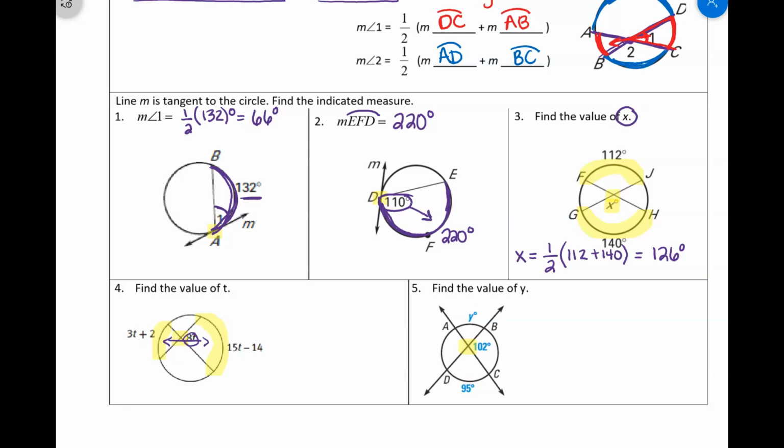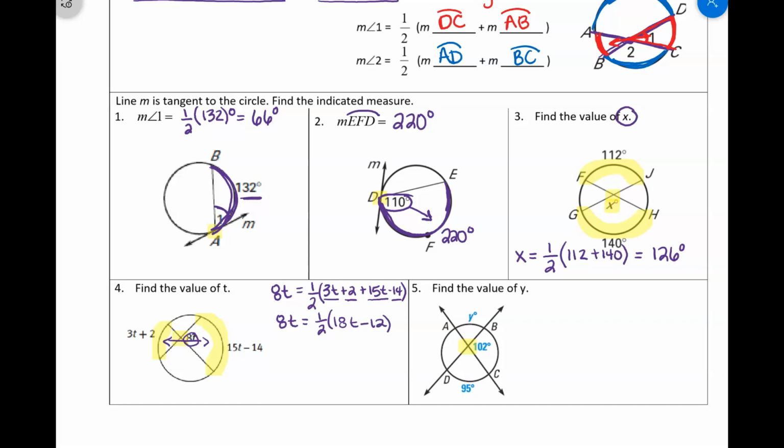So the setup is 8t, which is the angle, equals 1/2 of the arcs added together. A lot more algebra comes in on this one, but it is okay. I am going to use order of operations and clean up the parentheses in the middle. 3t and 15t will be 18t. Positive 2 and negative 14 will be negative 12.